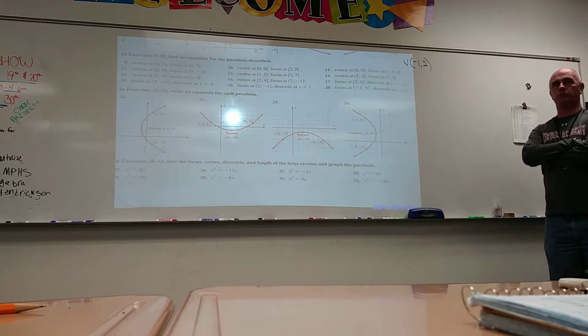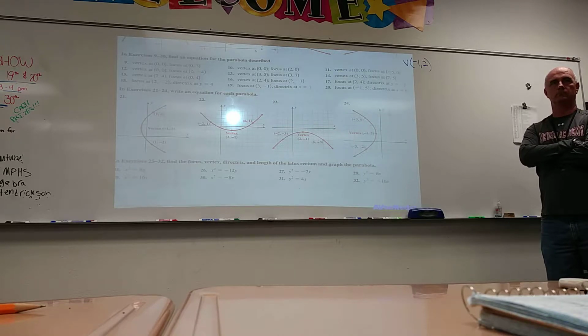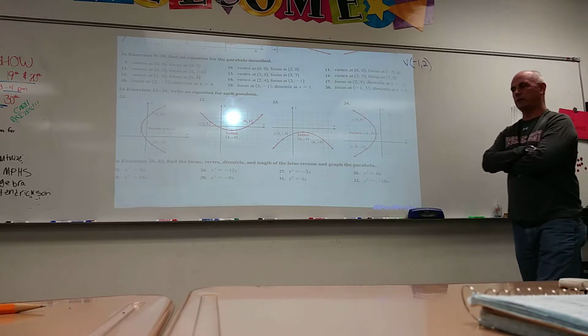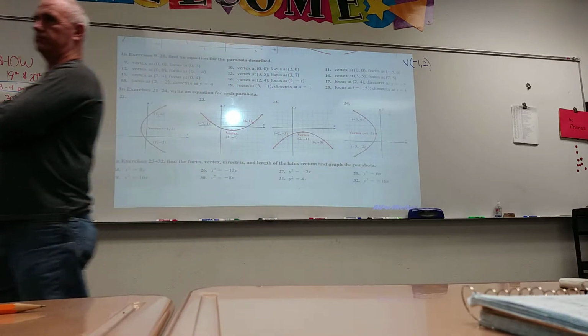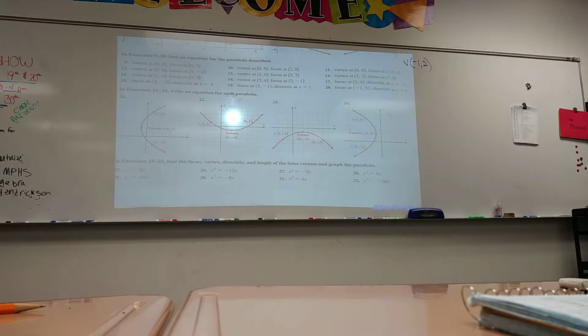So besides the vertex, what do we know? You know which way it opens. How important is which direction it opens? I could argue very easily that it's more important than the vertex. Find the equation of the parabola that has a vertex at 5, 8.